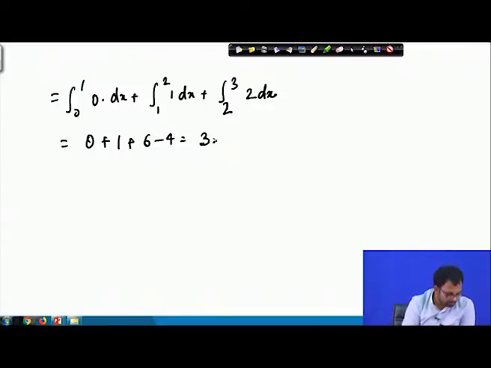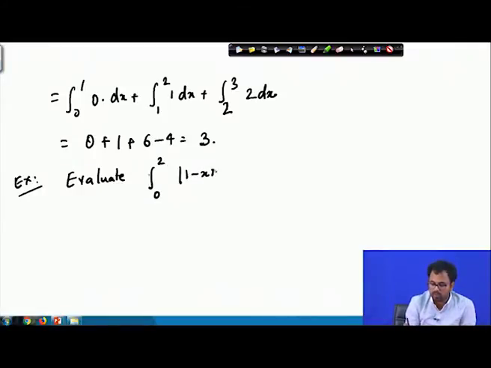All right. Next, we can look into an example of this type. Let us consider another example. Evaluate the integral from 0 to 2 of mod of 1 minus x dx.